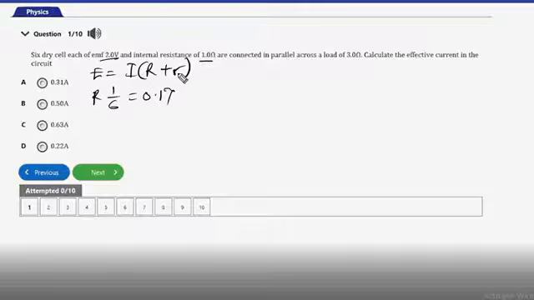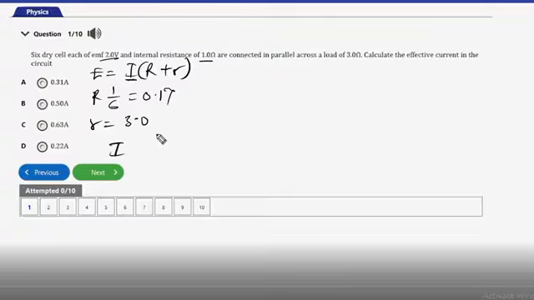So in this case, R here, which is the load resistance, is going to be the 3.0 ohms. So now that we've gotten all these, we are just going to make I the subject of this equation, and then we'll get the effective current.